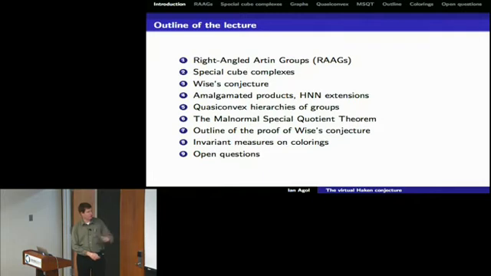I actually won't state the general version of this, but just a special case to give the flavor. Then I'll outline the proof of his conjecture and discuss some of the elements that go into it. And if there's time at the end, I'll discuss a few open problems.